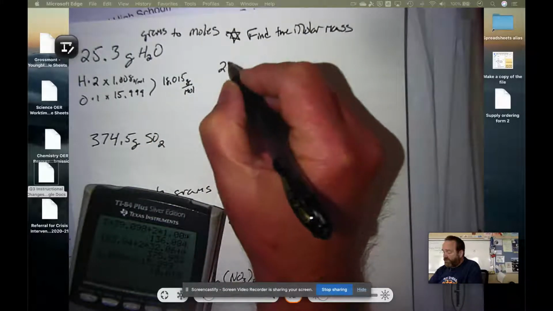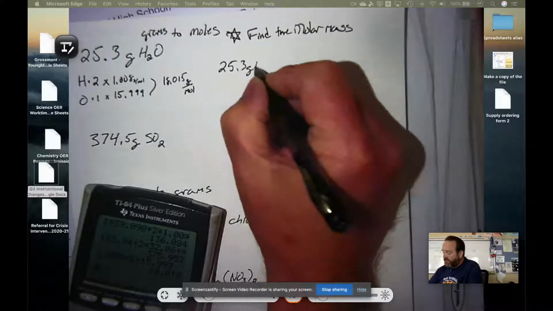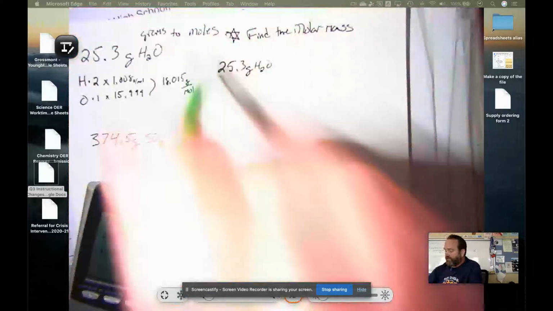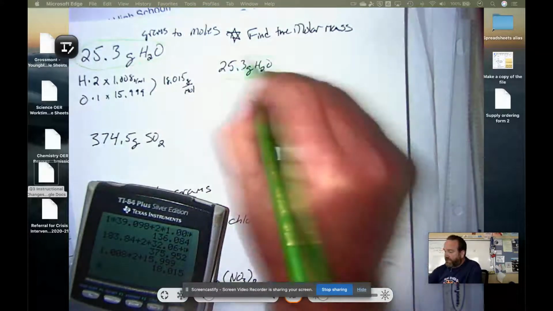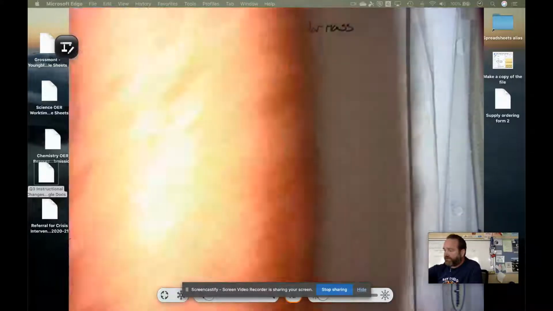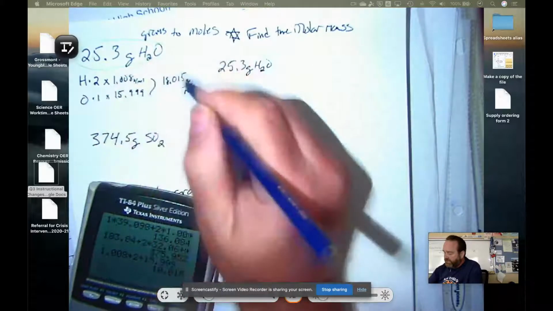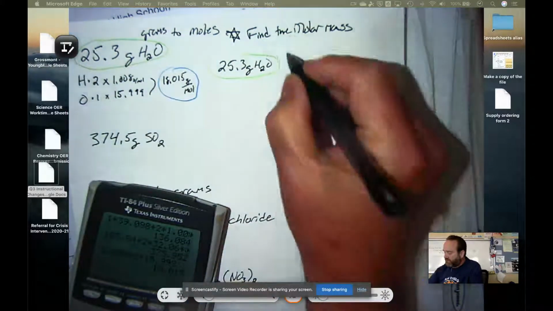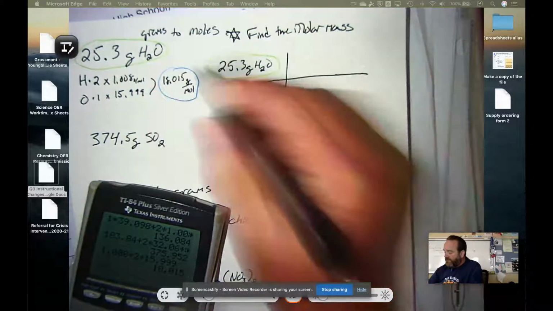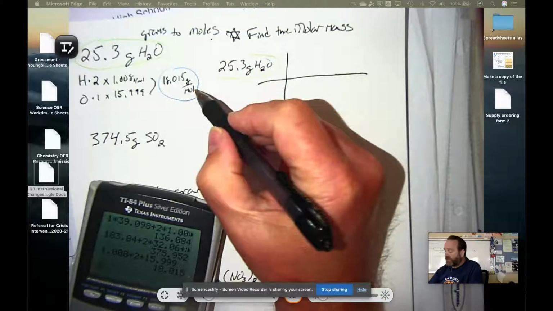Now I set up the conversion. Always go with what you're given: 25.3 grams. I'm going to circle it in green so you know that's where I got that from. Then in order to make the conversion, here I'm going to use my molar mass. And I have to set it up to get to what I want and cancel what I've got.